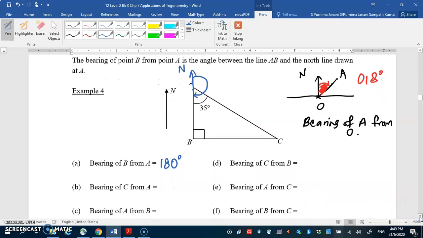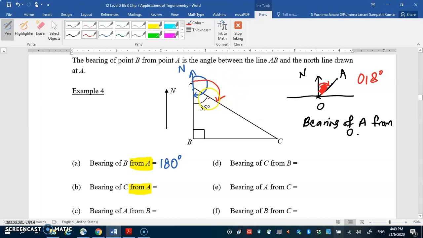You always draw the north at the from point. You draw the north at that point. So now they say bearing of C from A. Once again, you draw north at A, and then you go clockwise from that north pole all the way until you hit the line AC, which is this angle here.